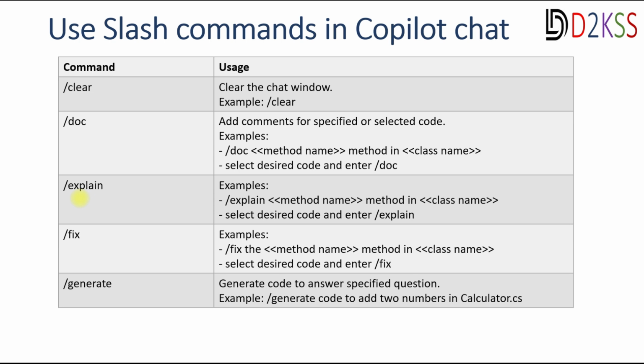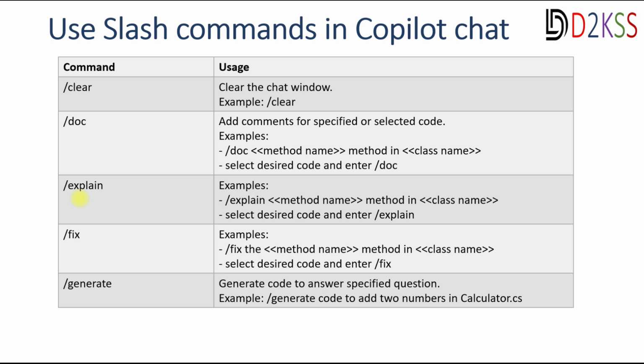When you write this /explain for a specific method or class, the Copilot Chat window will give you a detailed explanation of why that method was created, how it works, what parameters it is passing, how those parameters are calculated inside that method, and what response we are giving to the end user.